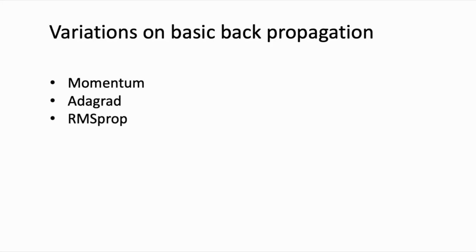Adagrad, RMSprop, Adam, and then there are also much more. These basically do a variation on backpropagation. So they do something very similar. They do calculate the gradient using backprop, but they do variations on this. Like they might be averaging the gradient values that were calculated with backprop, but averaging it over many previous training steps. Or they might have different ways of changing the learning rate throughout the learning process.